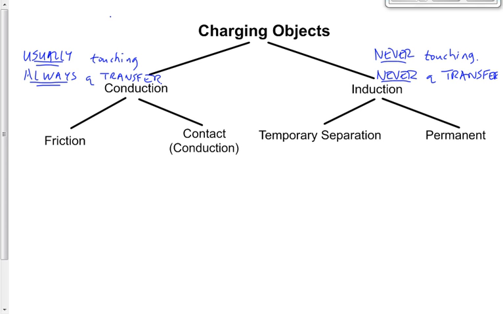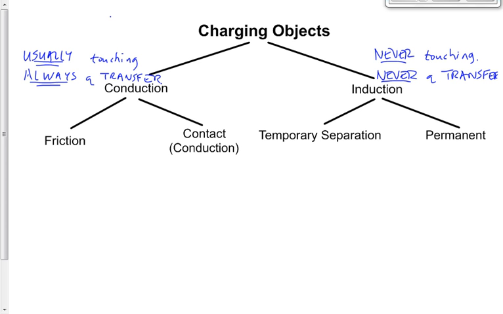Friction, I think this is pretty logical. Take two objects, rub them together. What happens? Rub your hands together right now. What do you feel? You feel a little bit of heat, right? There's energy liberated. You've got kinetic energy as you move your hands, and some of that energy is liberated.